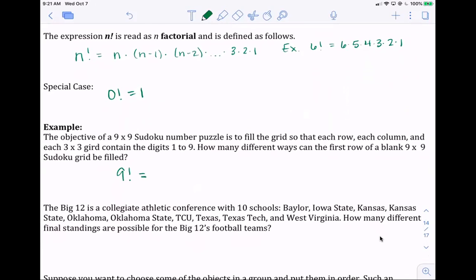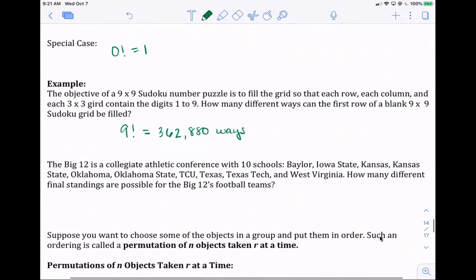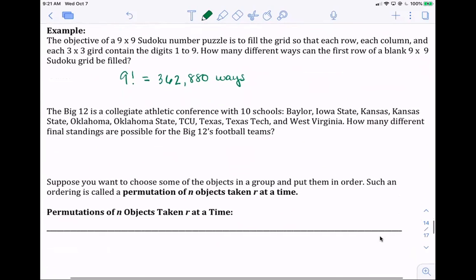Okay, so you can do 9 times 8 all the way down, and you get 362,880 ways. I'm going to save the second example in class, and I'm going to show you how to do it in your graphing calculator.